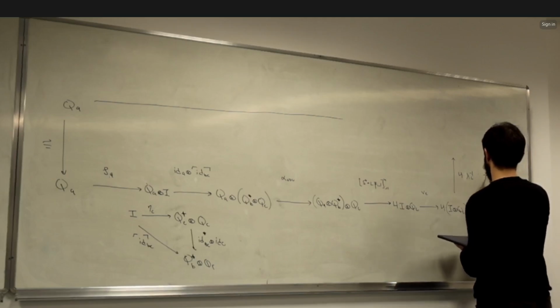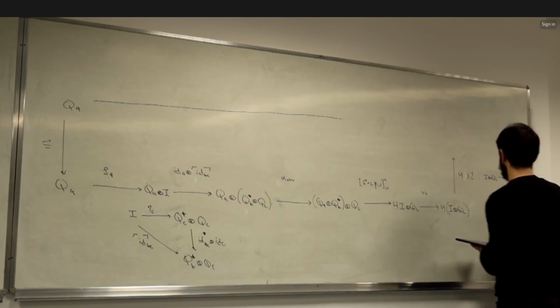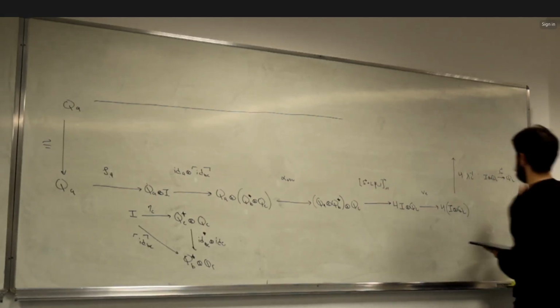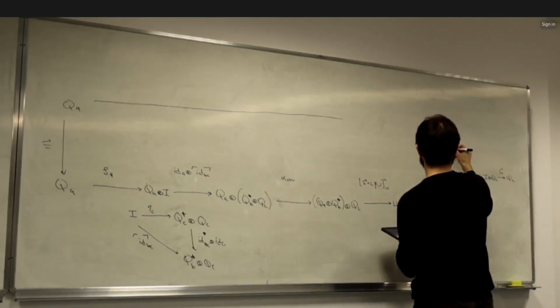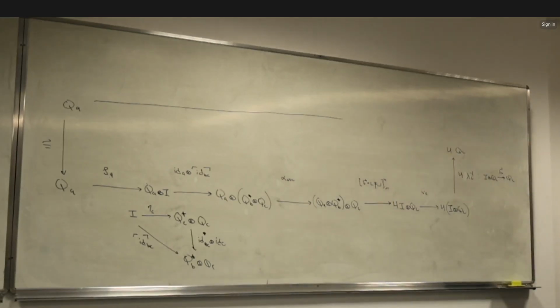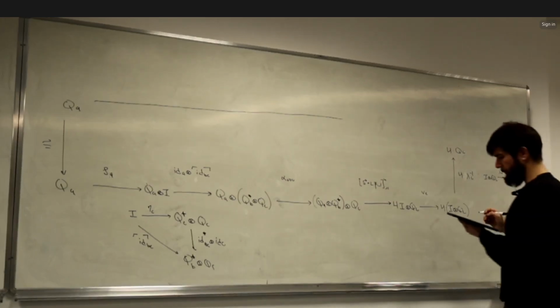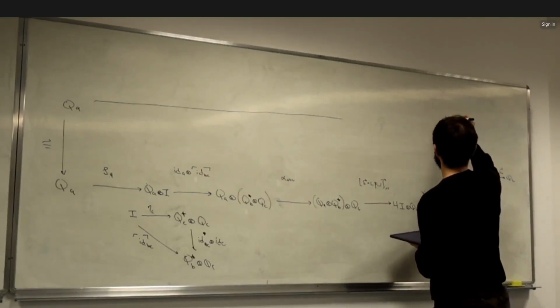It takes I tensor QC to QC. So then we just have 4 QC.